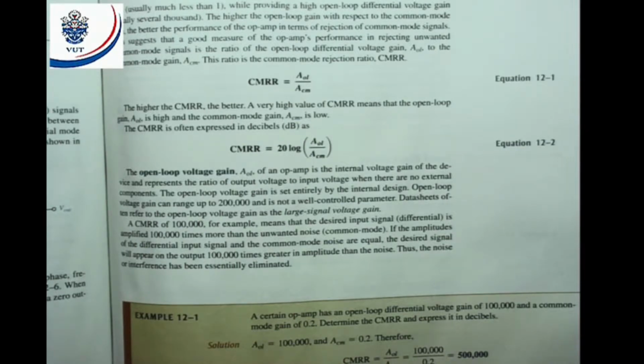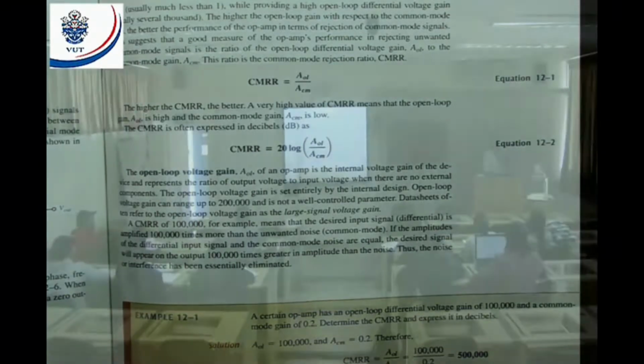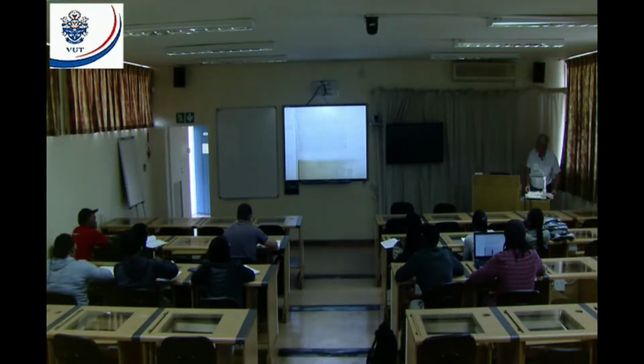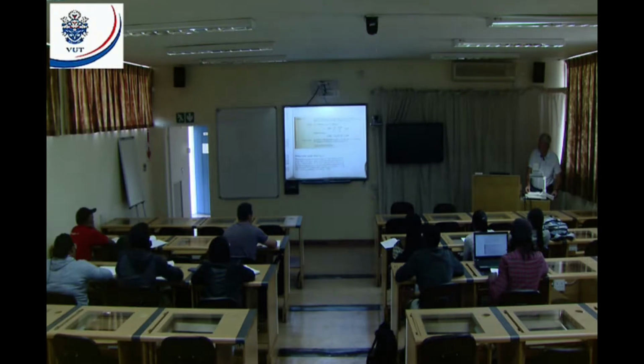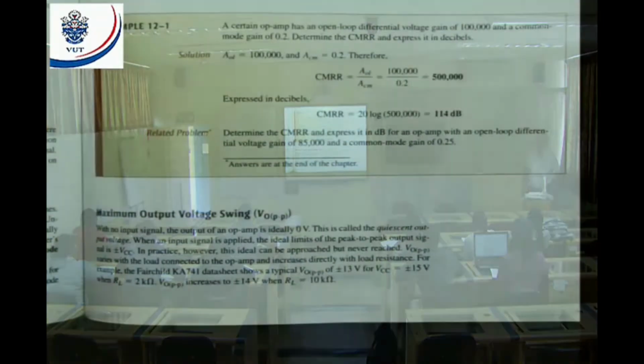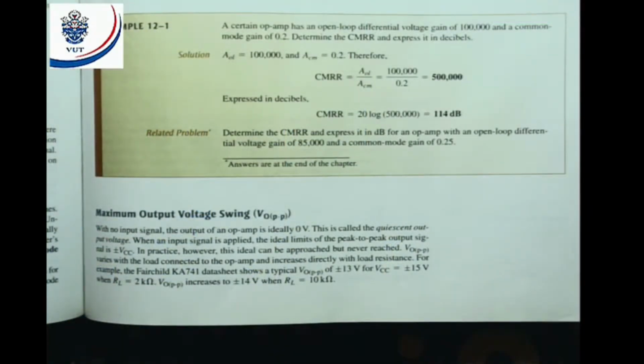Let's have a look at the example to basically illustrate. Example 12.1. They say a certain op-amp has an open loop differential gain of 100,000. That is my open loop gain. And a common mode gain of 0.2. You can see the common mode gain is quite small.